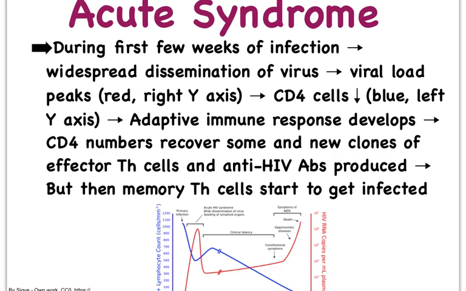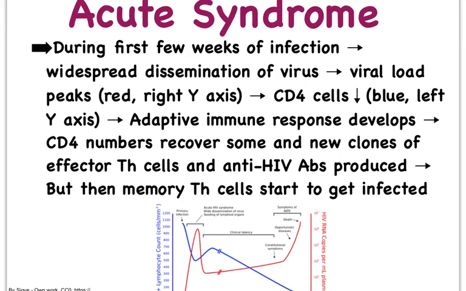So during this acute phase, which is especially the first few weeks of infection, because the virus is very successful in spreading, we're going to see in the red, where we're using our right axis now, a very rapid increase in the number of viruses. And correspondingly in the blue left axis, we're going to see that the number of T cells that are getting destroyed increases, which means we see less and less of them.